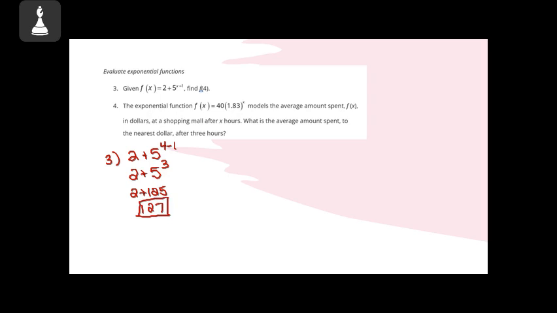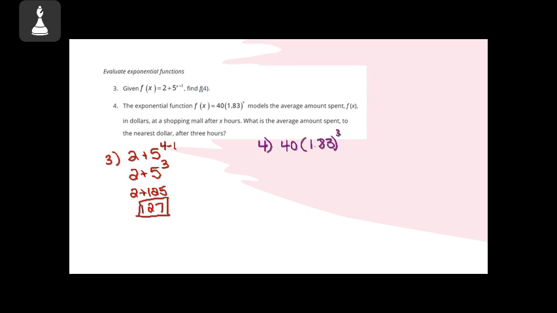Looking at 4, the exponential function f of x equals 40 times the quantity 1.83 to the x models the average amount spent in dollars at a shopping mall after x hours. What is the average amount spent to the nearest dollar after 3 hours? So 40 times 1.83 to the third power.